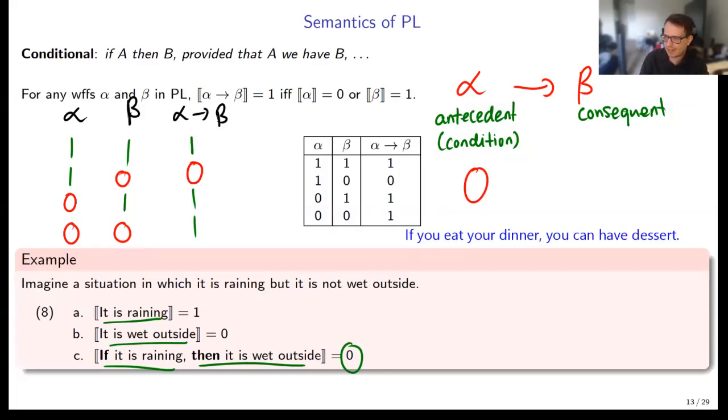We cannot claim that it is a lie. So we assume that it's true until we have evidence that it's not true. So whenever the antecedent is false, we just assume that the conditional is true. So if I don't eat my dinner, I can have dessert, or I cannot have dessert. It's up to me.